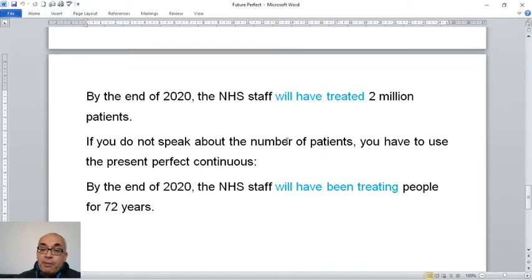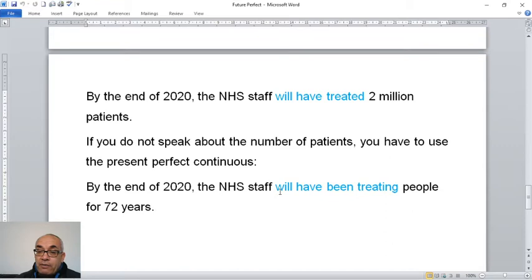If you don't speak about the number of patients, you have to use the future perfect continuous. And this is very important. So here I put the number of patients. In this sentence, no number of patients. I just put, by the end of 2020, the NHS staff will have been treating people for 72 years.